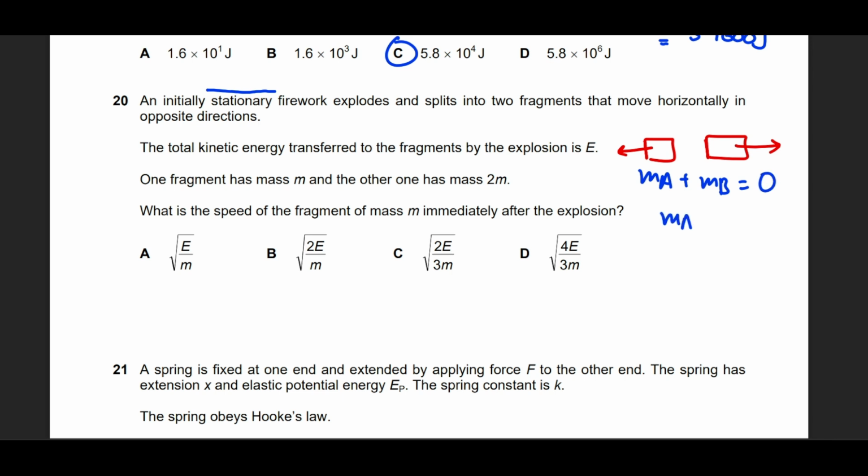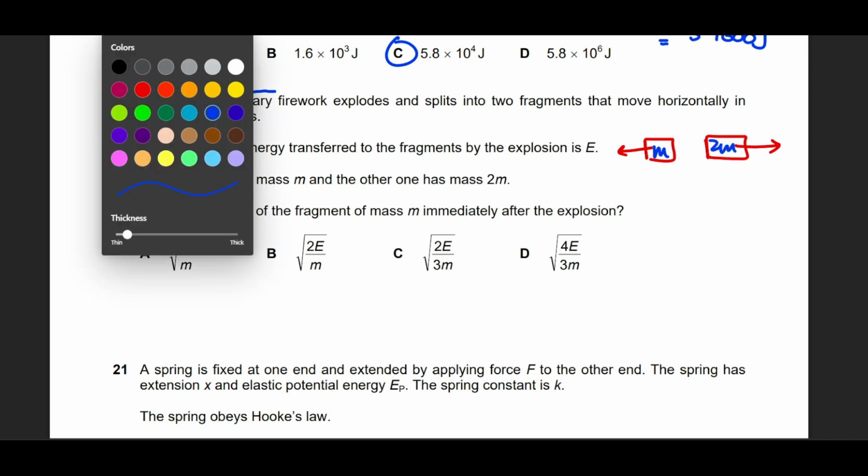So momentum of particle A plus momentum of particle B should be equal to 0. Or you can say momentum of A should be equal to momentum of B, because there is going to be a negative sign, because one of them is moving towards the left side, right? Momentum is a vector quantity, so you need to include the directions. One fragment is m, the other fragment is 2m.